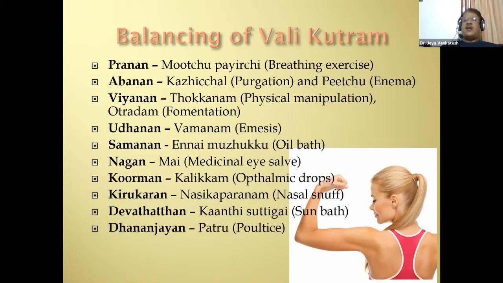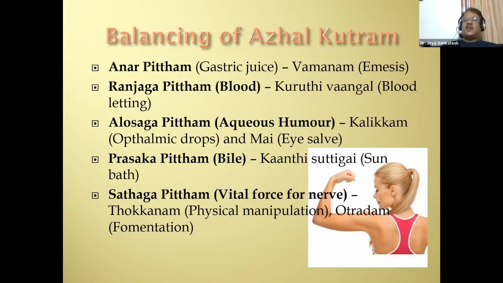In Alal Kutram, that is gastric juice, it may be relieved by emesis. Impurities in the blood, that is Ranjaka Pittam, can be removed by bloodletting. Then Alosaga Pittam, that is aqueous humor, can be relieved by Kalikam, that is ophthalmic drops and eye salve.